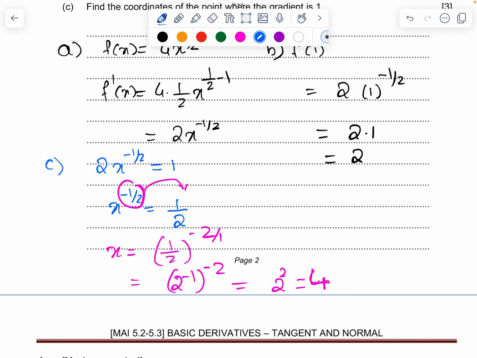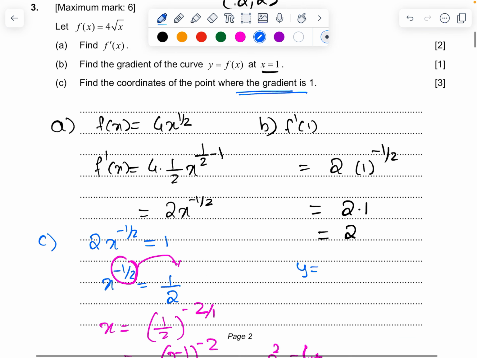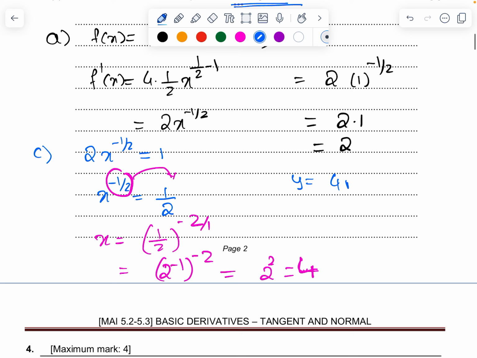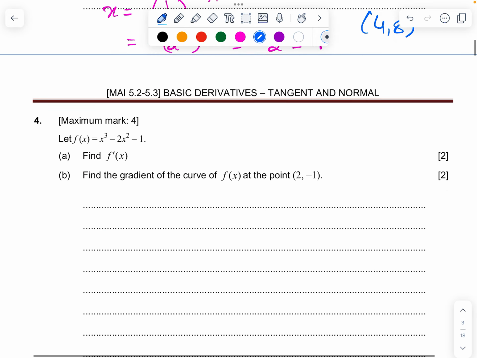We need to find the y value also. Y equals nothing but how much? 4 square root of x. So which is 4 square root of 4, which is 8. So the point is going to be 4, 8.